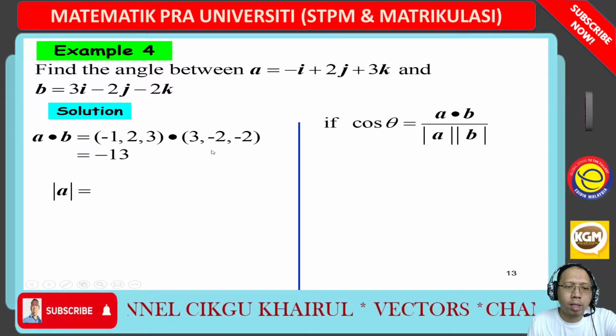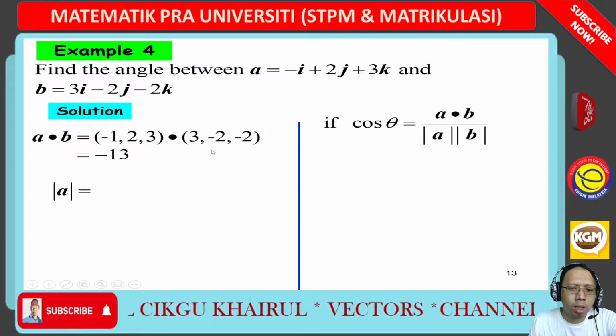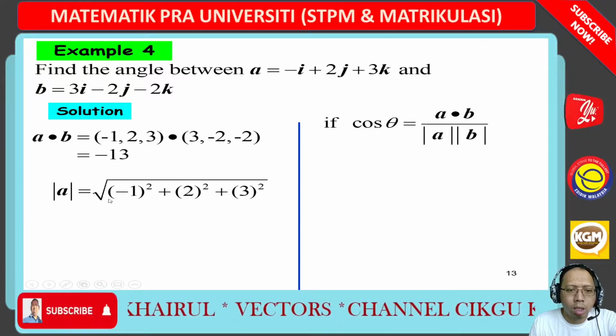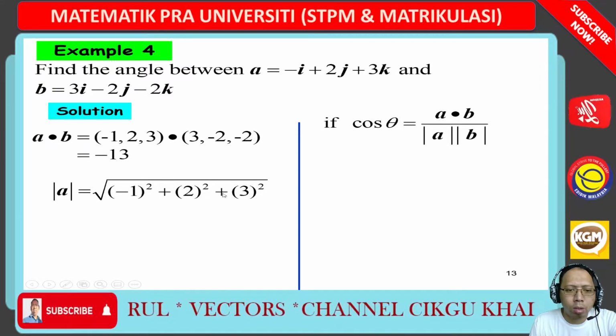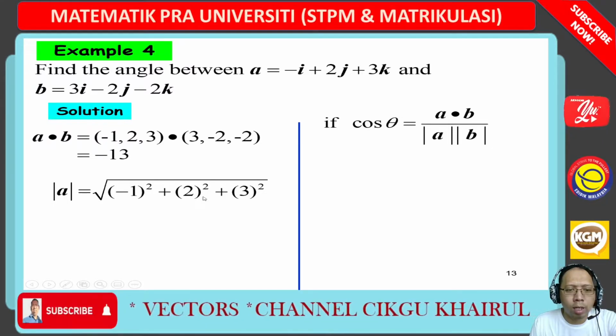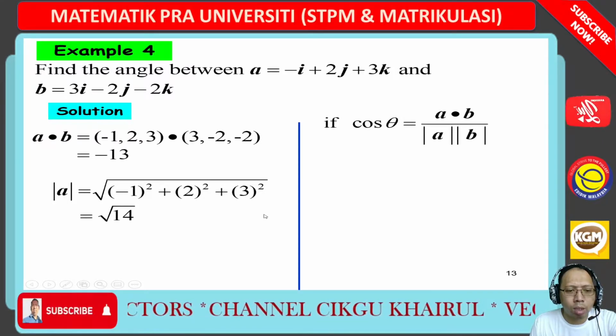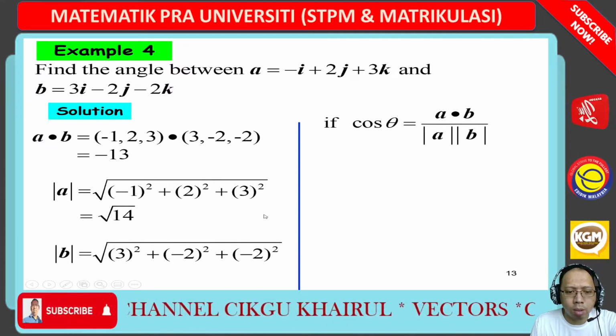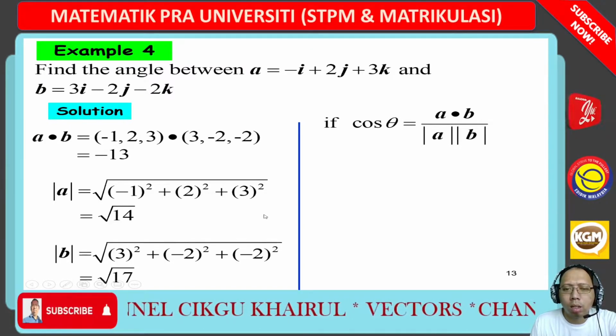Divide by magnitude A, magnitude B. This one we get negative 13. Magnitude A, negative 1 squared plus 2 squared plus 3 squared, the coefficients of i, j, and k, then we get square root 14. And magnitude B, we do the same process and we get square root 17.